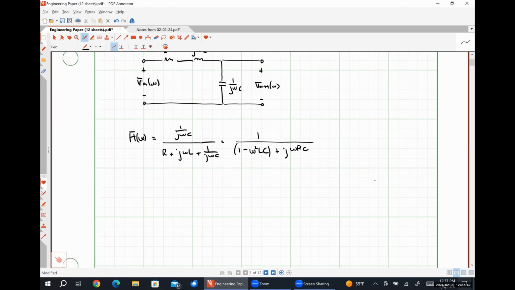So to break this down into its real and imaginary parts, I'm going to multiply by the complex conjugate of the denominator over the complex conjugate of the denominator, like I've done over and over again.